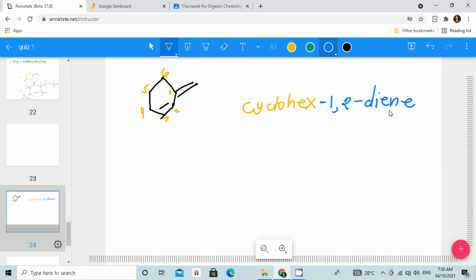You see this one? The "ene" here is the double bond, and the "di" because it's 2. And the 1, 2 here is the position of our double bonds. We have 1 and 2. Cyclohex-1,2-diene. So this is the name of this structure.